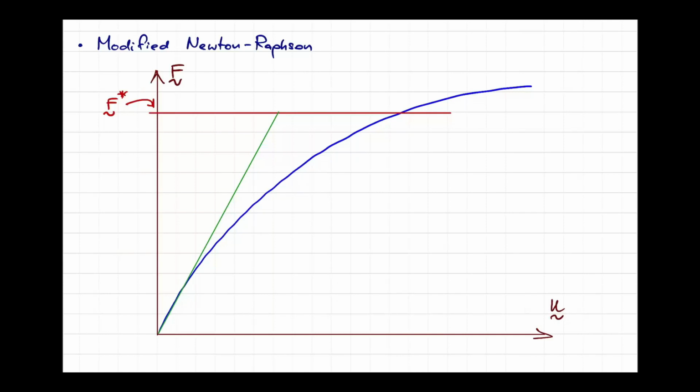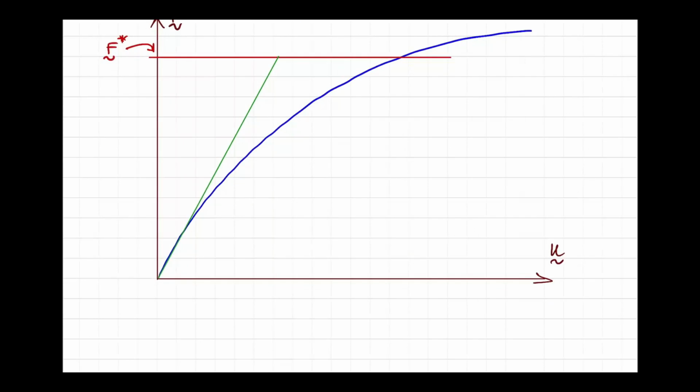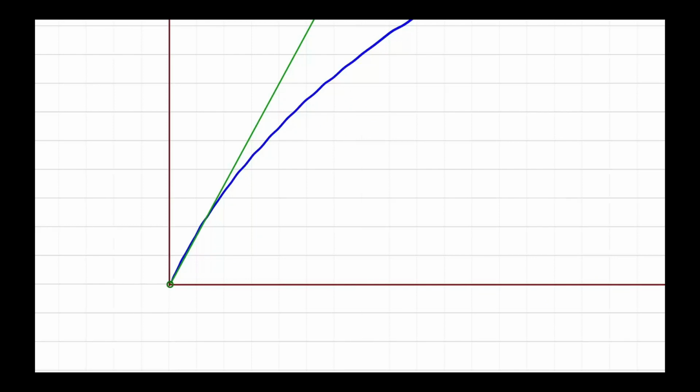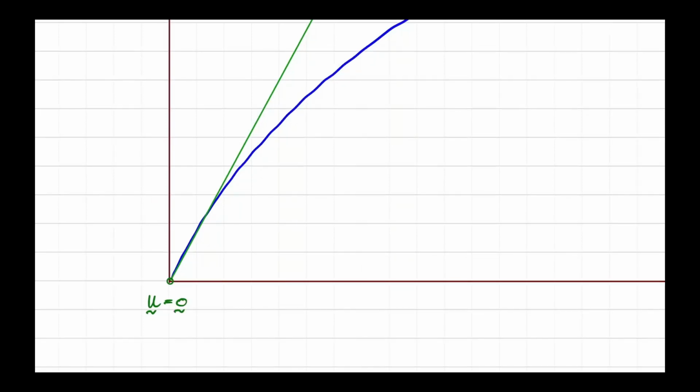So first of all, at this moment, u equals 0 is the initial condition, the point where you know the information and cast the equation in order to solve for the displacement increment.